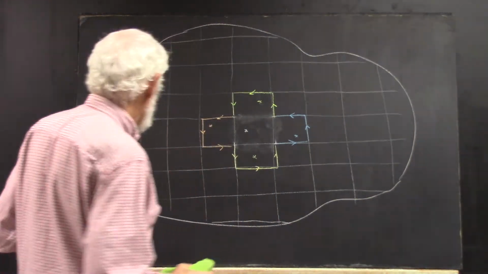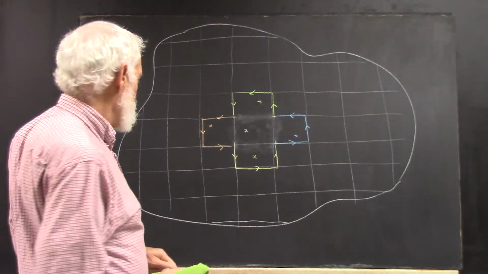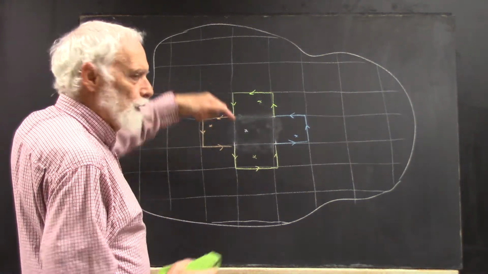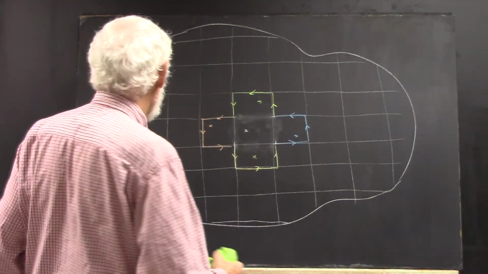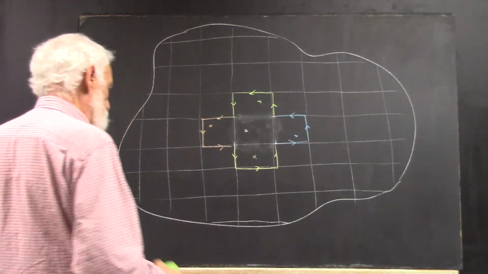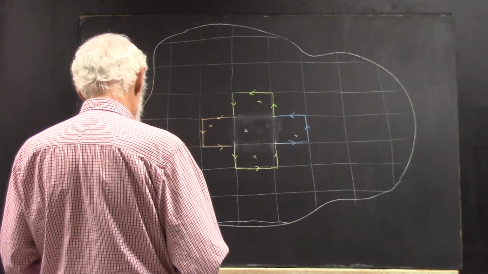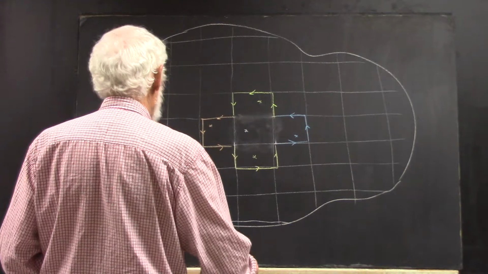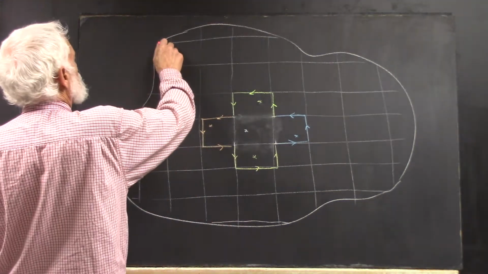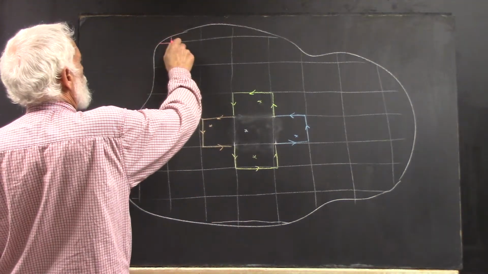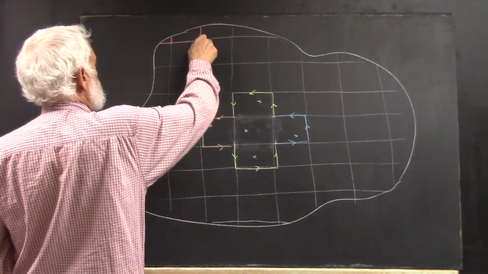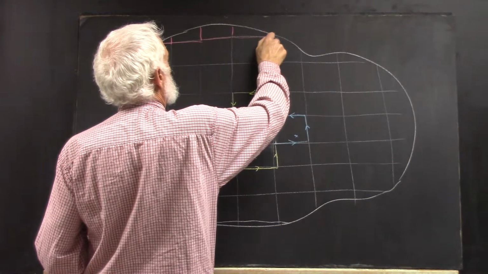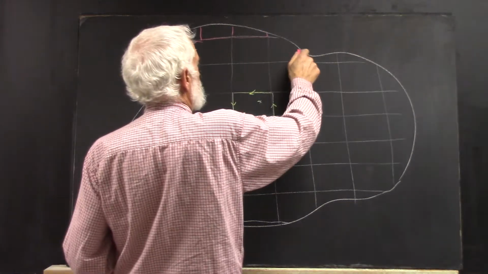everything, every complete rectangle cancels out every rectangle that surrounds it. And what I'm going to be left with is just these regions that aren't complete rectangles, all the way around.